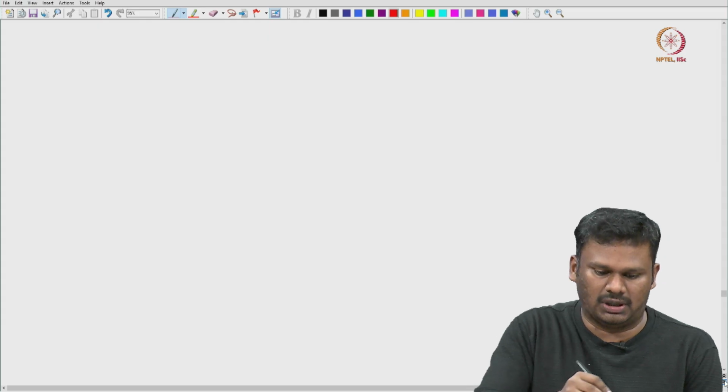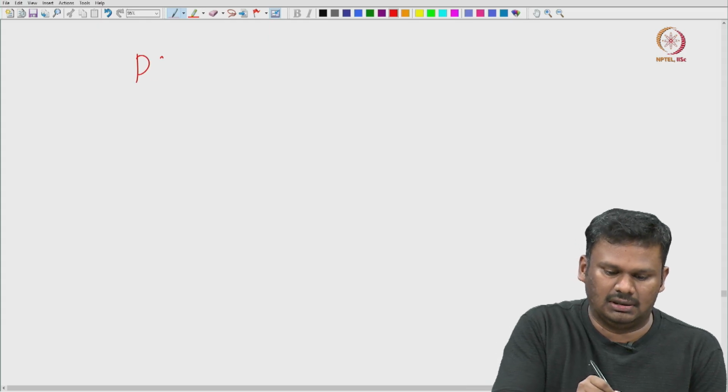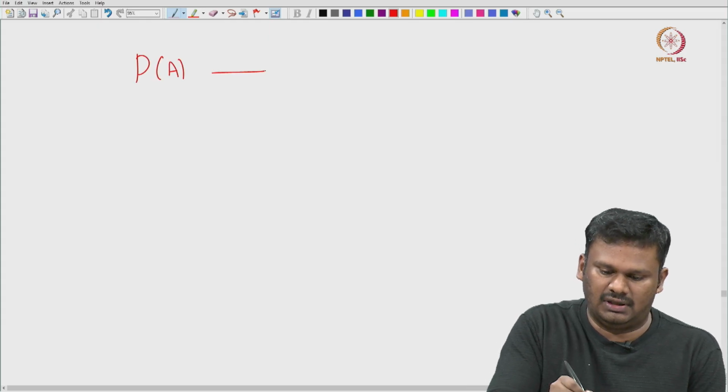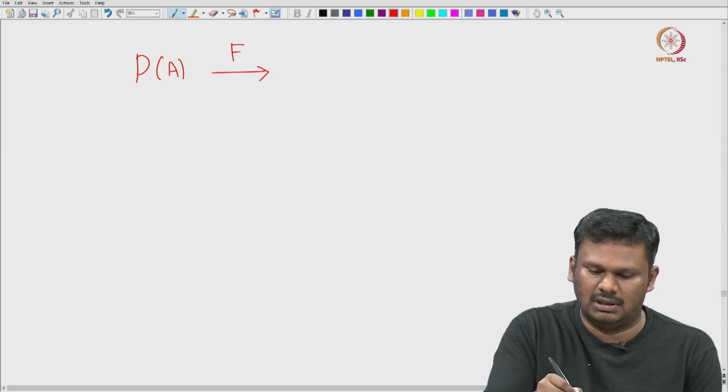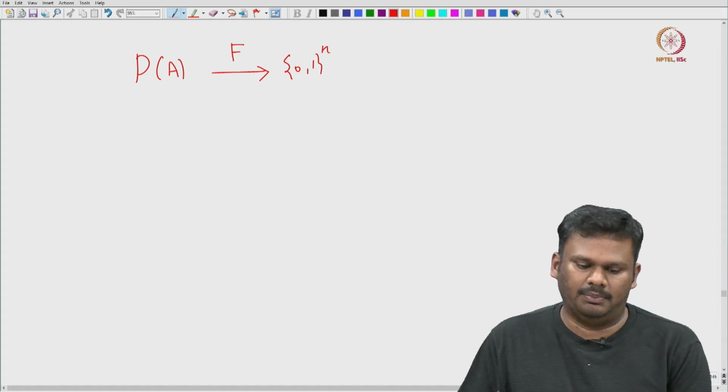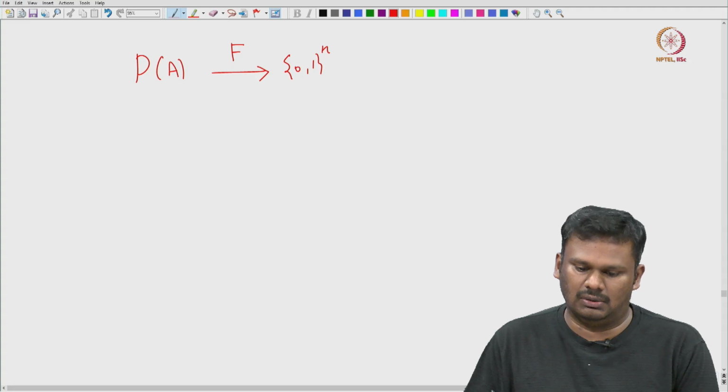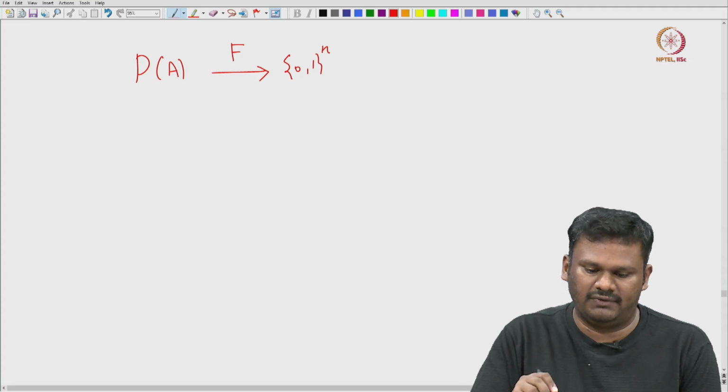So we take the power set of A and define this map, call it F, which is a map from the power set of A to {0,1}^n. What are we going to do?